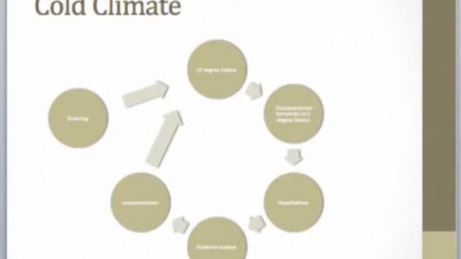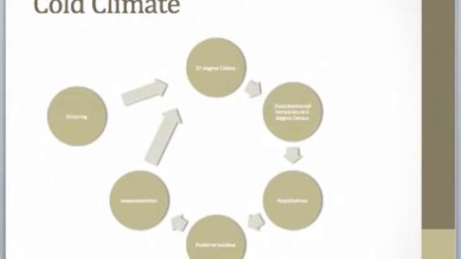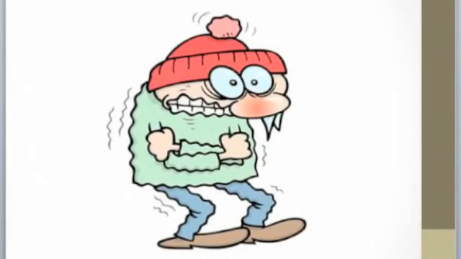Now, if vasoconstriction isn't enough, our body induces shivering. And that shivering movement is essentially producing energy. It's increasing our internal temperature, essentially bringing it back to that steady state, that normal state of 37 degrees Celsius. And here's an example of our little guy shivering in order to return to that 37 degrees Celsius ideal body temperature.